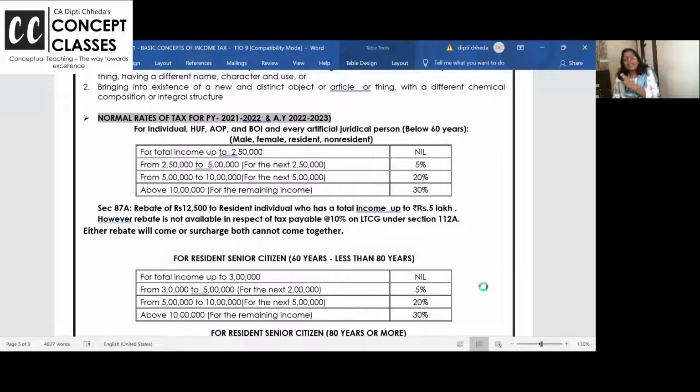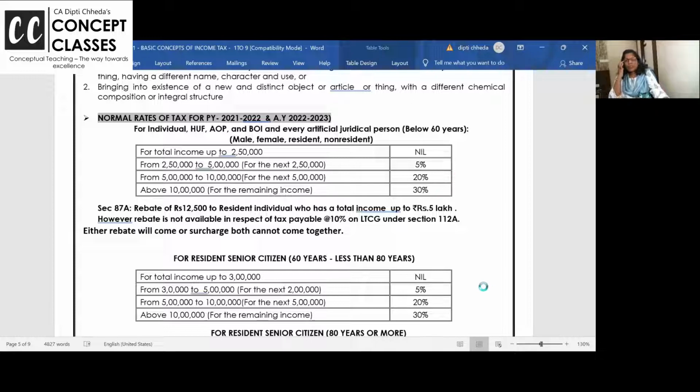Then from 5 lakh to 10 lakh, 20%. Keep patience. When I solve 2-3 problems, tomorrow the 4th problem in the class you will do on your own. Above 10 lakhs, 30%.